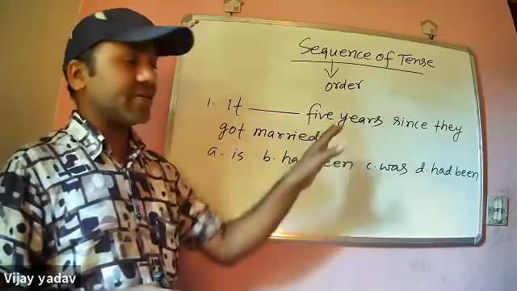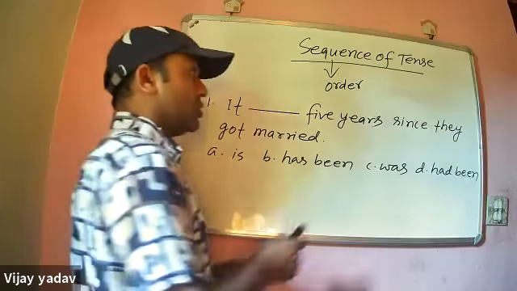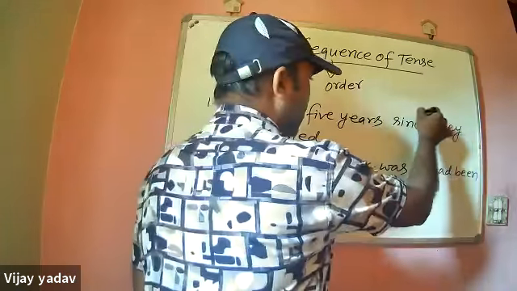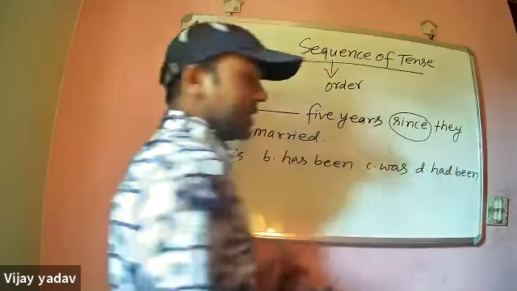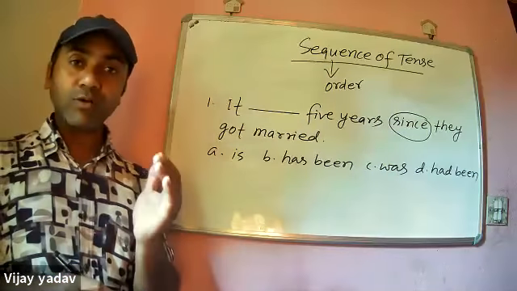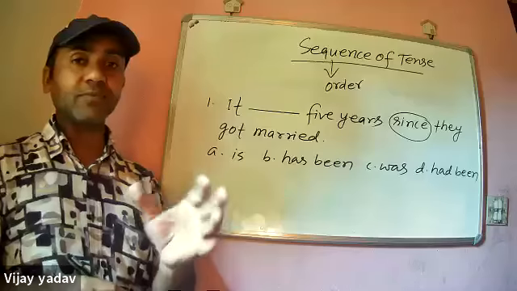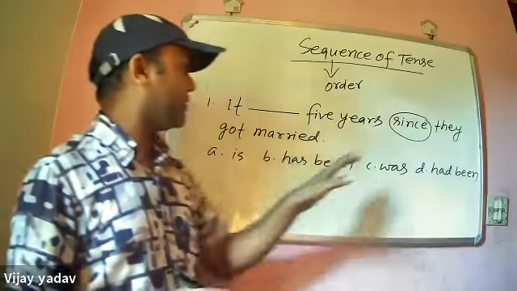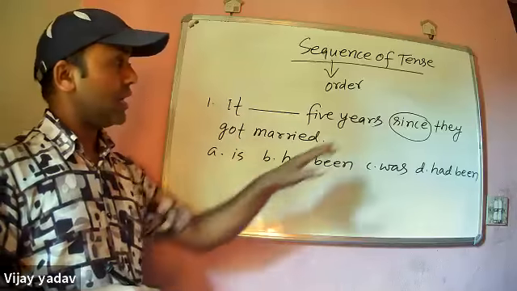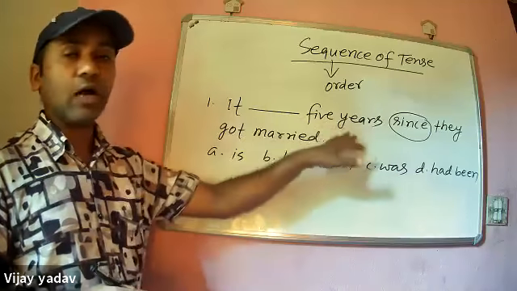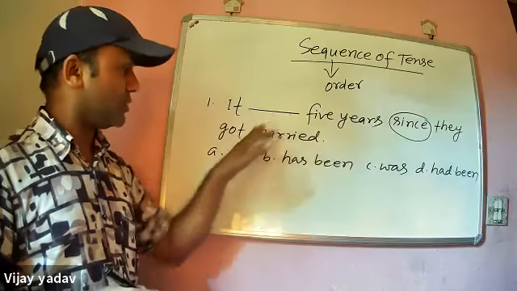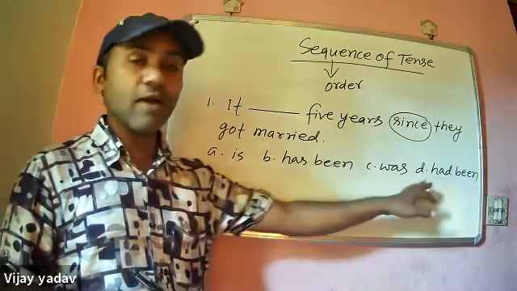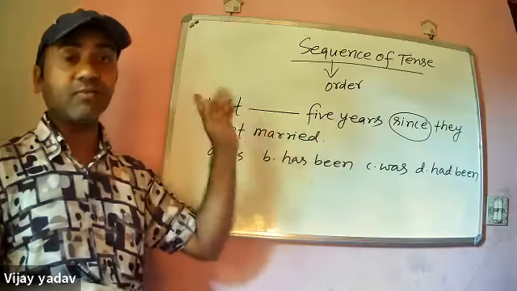In this sentence, there are two clauses, and these two clauses are joined by since. I have just told you a clause is a part of a sentence which has a subject and verb. After since, you have subject they, verb got. And before since also you have a clause in which the verb is missing, and from the options you have to select the verb.